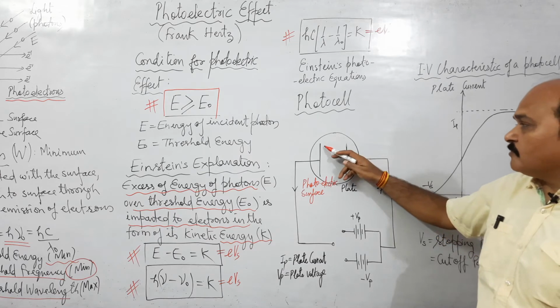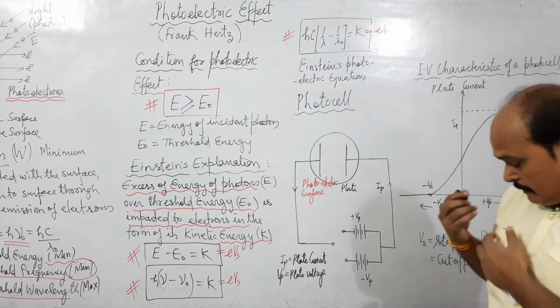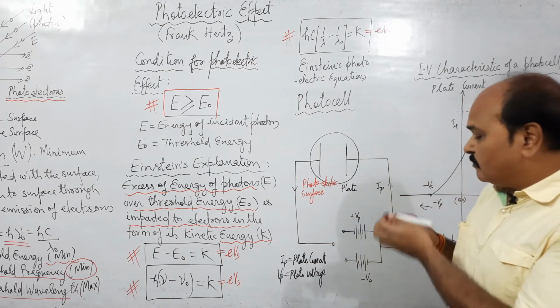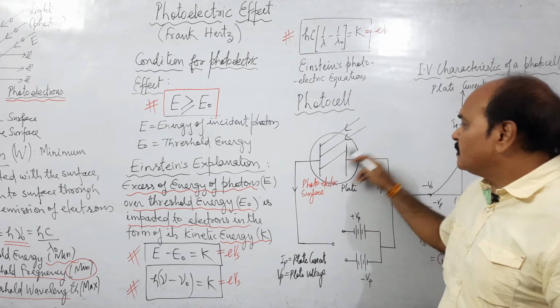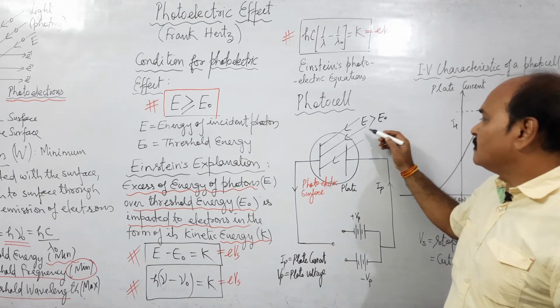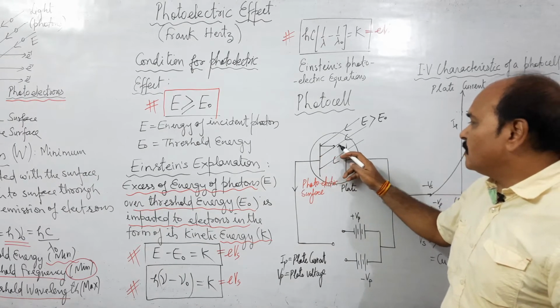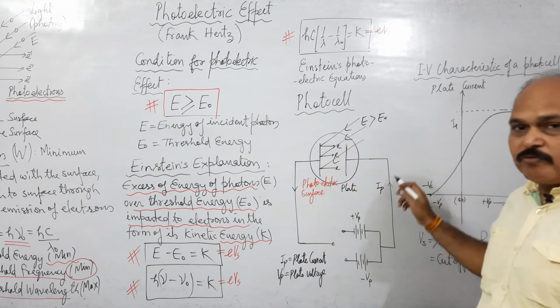When light falls over the photoelectric surface, electrons are given out. With E greater than E naught, electrons are produced, and these electrons reach the plate on their own.